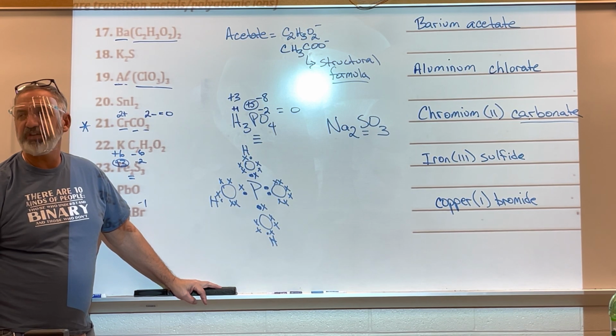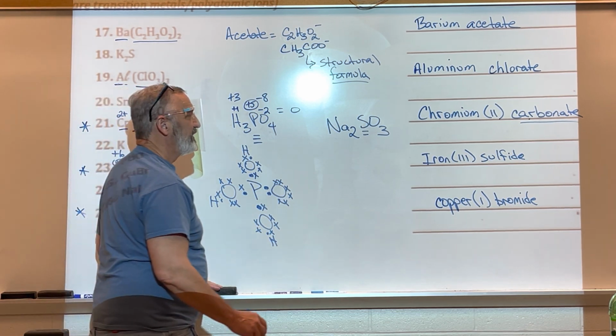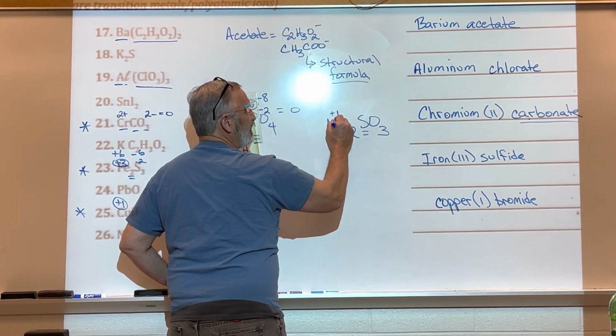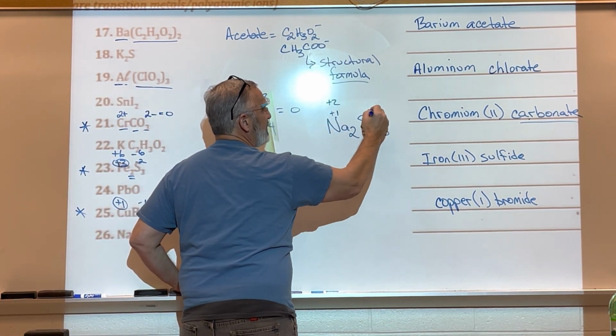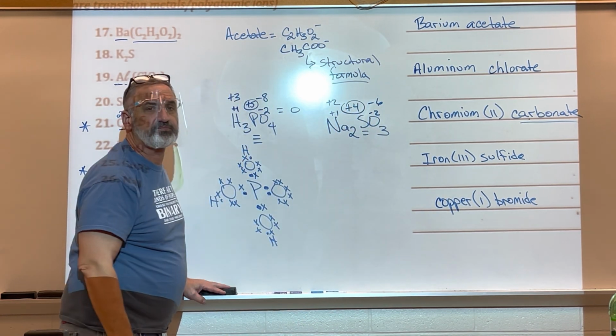Hold up the number of fingers that you think. Okay, good. Everybody got it, good. So that's +1 times 2 is +2, -2 times 3 is -6, therefore sulfur must be +4.